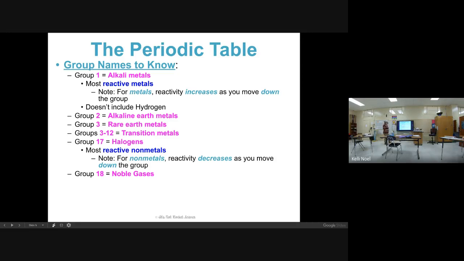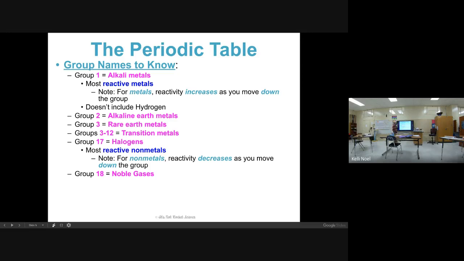These are the most reactive metals, and as you go down that group, they become more reactive, so it increases. This group doesn't include hydrogen. Hydrogen is not a metal, it's a gas. It is only on that side because it has one valence electron, and that's it. So it doesn't include hydrogen, so it is lithium through francium.